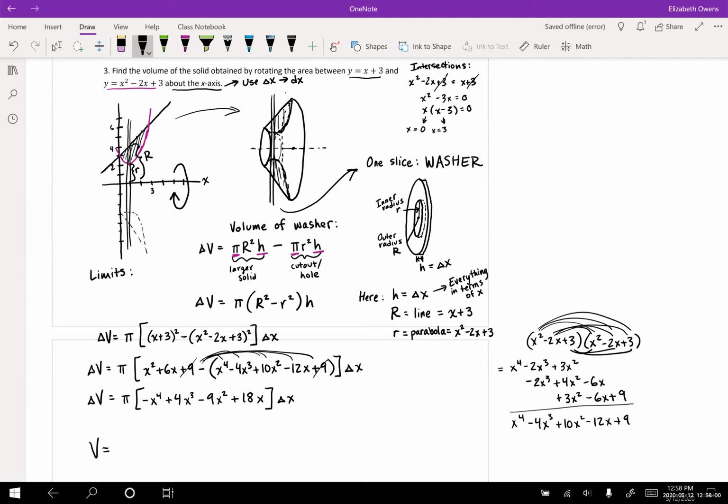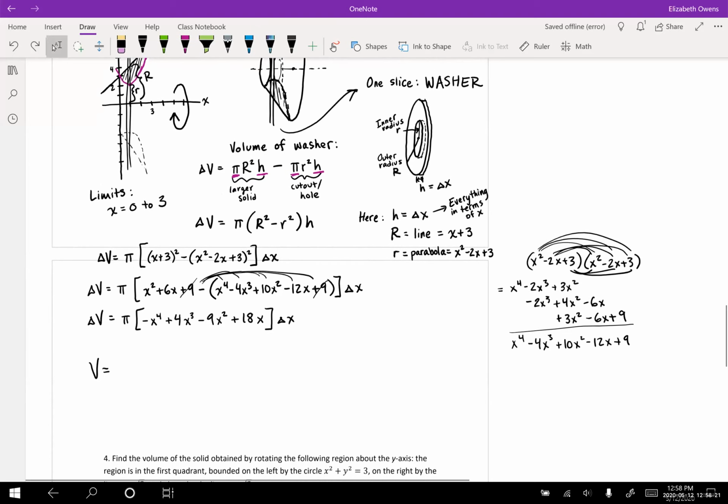We do want x values, so x equals what to what? Yeah, Brandon's on it. X equals 0 to 3. So we're going from one intersection point to the other, x equals 0 right here to x equals 3 right there.